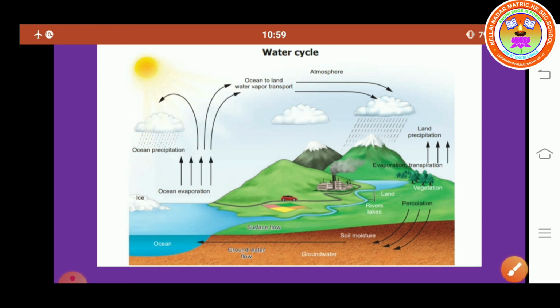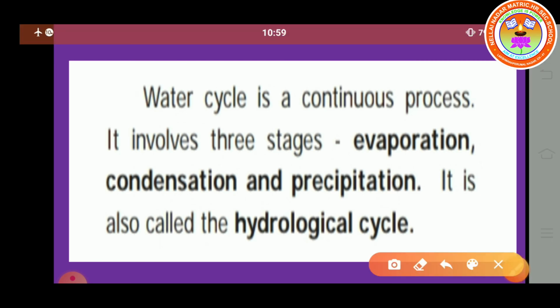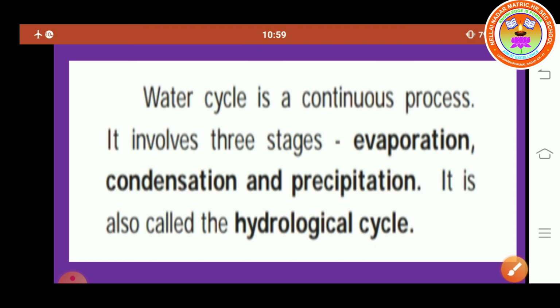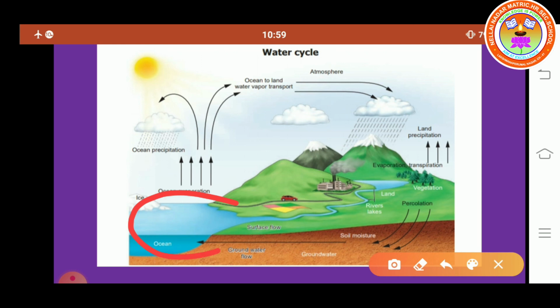So, how many processes are involved in this water cycle? Three processes, that is evaporation, condensation and precipitation. During evaporation, the water on the surface of the earth is converted into gaseous state.